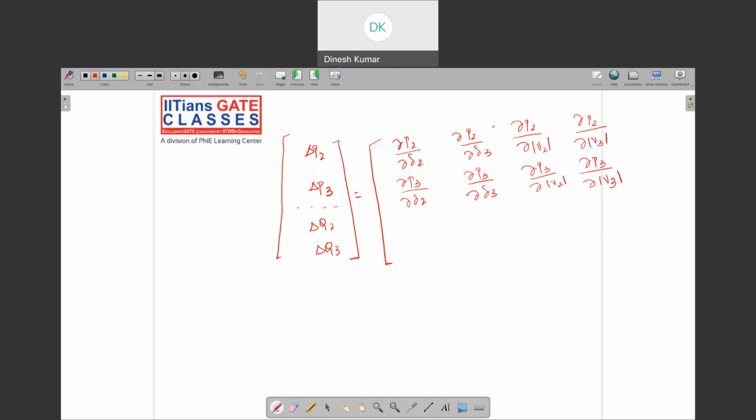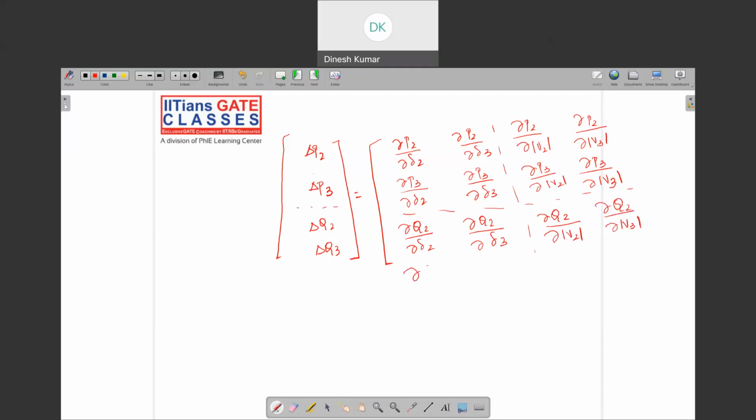So this part is done. Now we can do Q. That is dou Q2 by dou delta 2, dou Q2 by dou delta 3, then dou Q2 by dou mod V2, dou Q2 by dou V3.